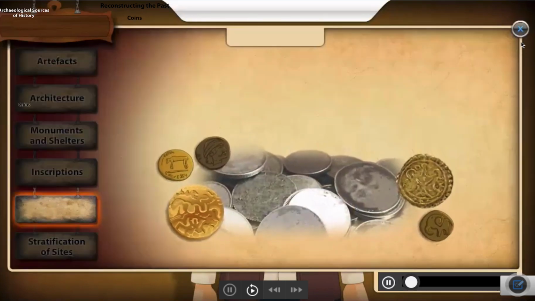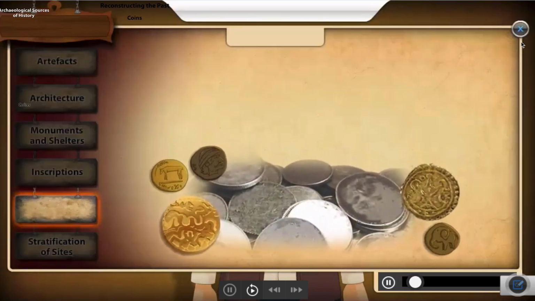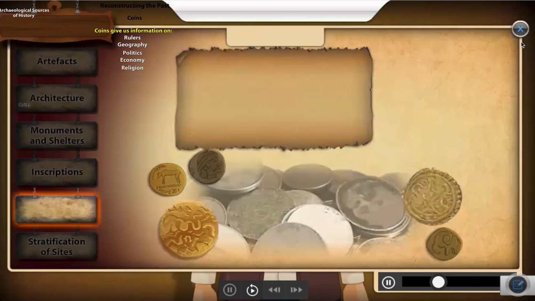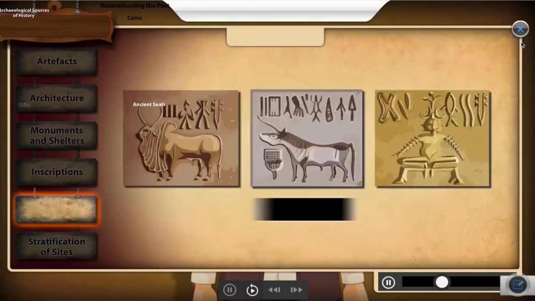Ancient coins constitute an important source of history. They reveal information about the rulers, geography, politics, economy, and even the religion practiced during the concerned period. Prior to coins, seals of Harappa and Mohenjo-daro were used as a medium of exchange.